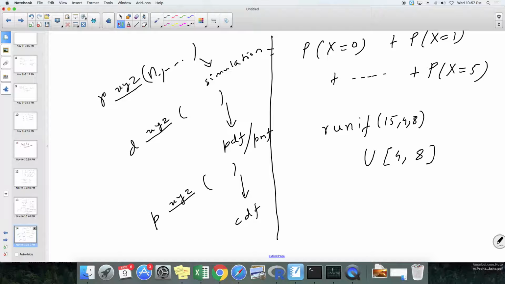It starts from 4 and ends at 8, and the density f(x) equals 1 by (8 minus 4), that is 1 by 4, if x lies between 4 and 8. From this PDF, it generates 15 values. How does it do that? Don't worry. But it does.